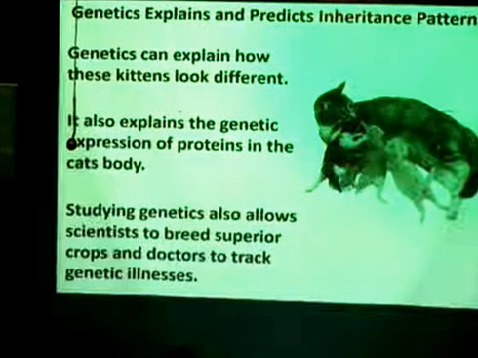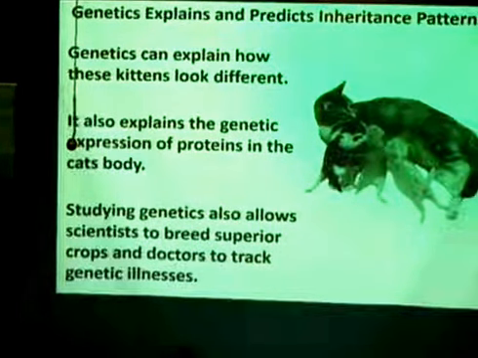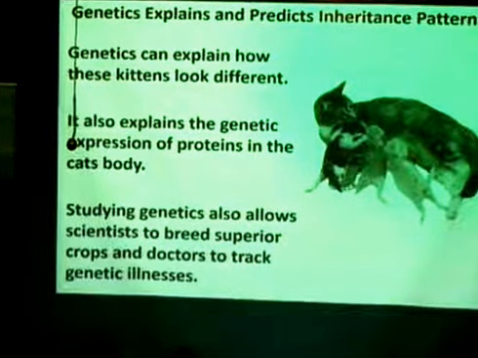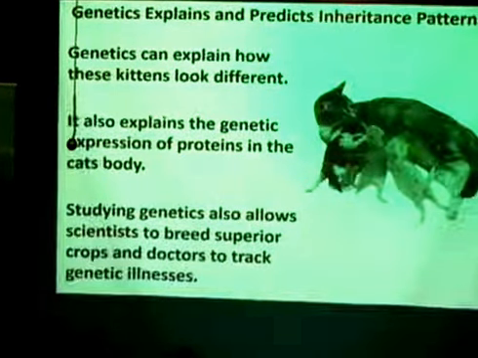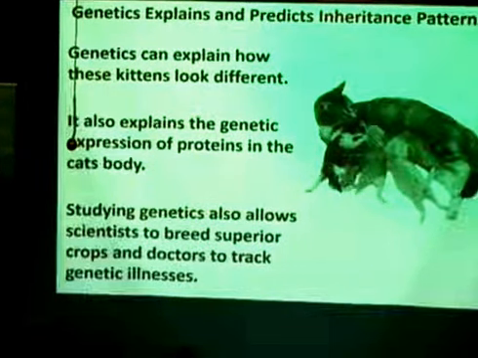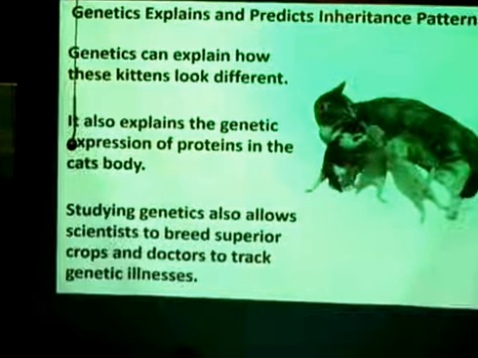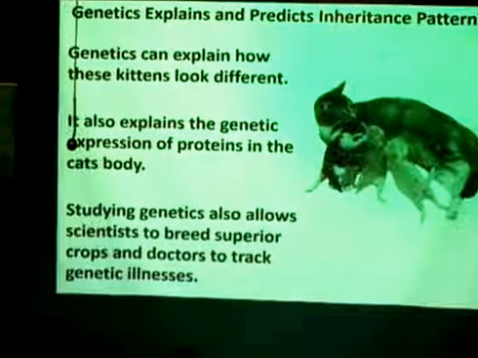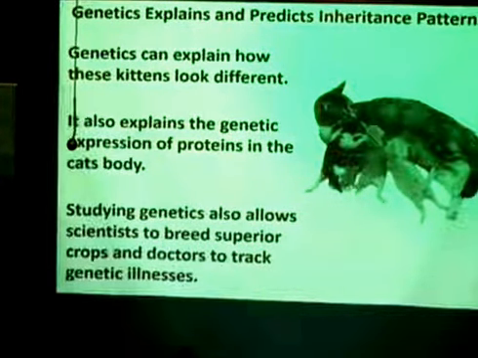Then you should also remember F1, F2, true breeding, hybrid, phenotype, genotype. What else?